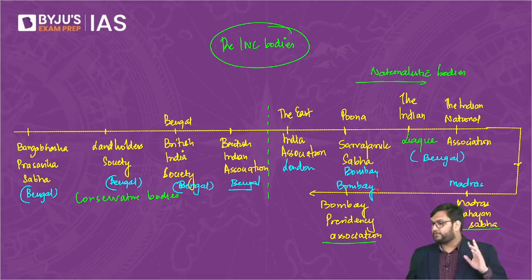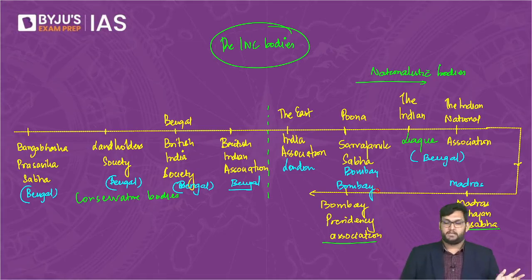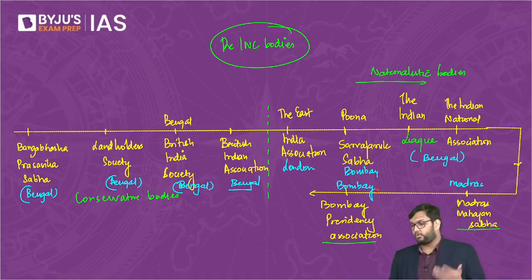See, why am I doing this with you? Wherein people again think that the INC automatically came up one day. But what does this show us? This shows us that between the 1860s and 1880s, there's a progressive rise in associations which actually wanted more and more.